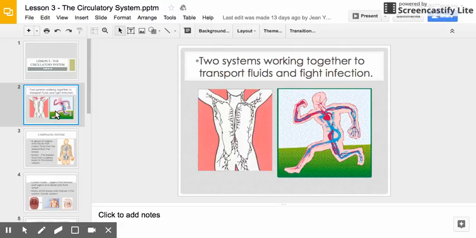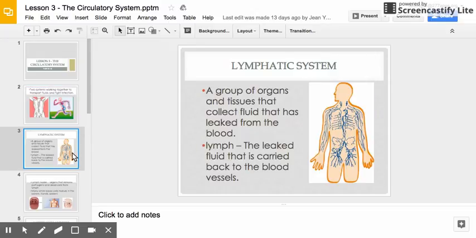Your circulatory system is made up of 2 systems that work together to transport fluids and fight infection. Those systems are the lymphatic system, pictured on the left, and the cardiovascular system, pictured on the right. The lymphatic system is made up of a group of organs and tissues that collect any fluid that has leaked from the blood.